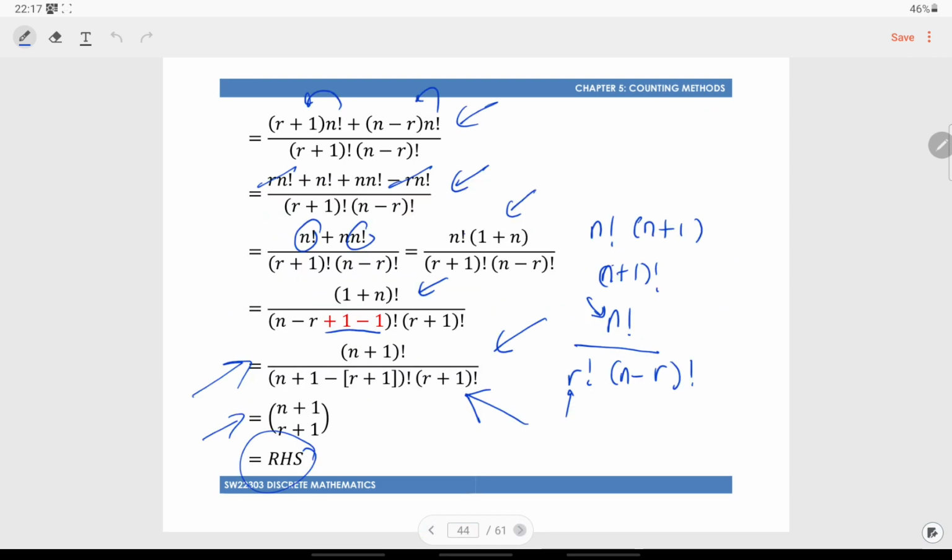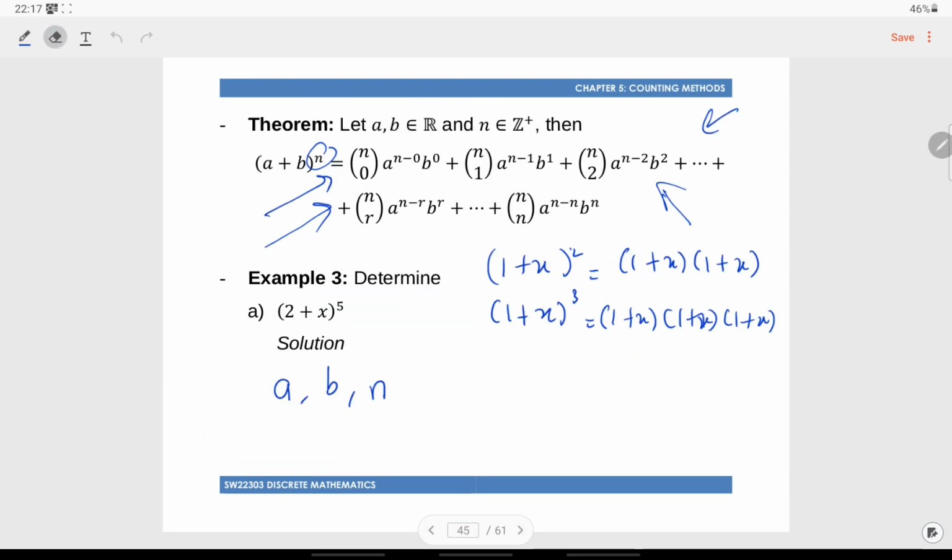In this expansion, we need to identify the first, second, and third element. This one is the first, this one is the second, and this one is the third. In the third term, that means our r is equal to 2.